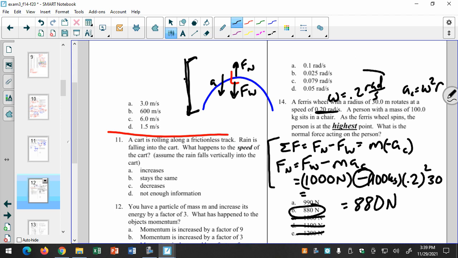Also notice that I wrote out what I knew: my radius is 30, my mass is 100, and I was looking for that normal force. You'll want to do all those steps. Don't skip over those steps, especially on the quiz, because you should have plenty of time for the quiz, and just be rigorous.